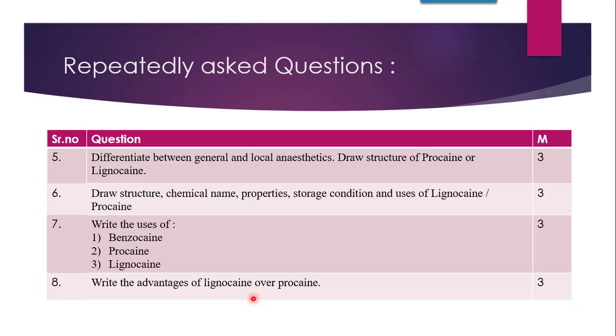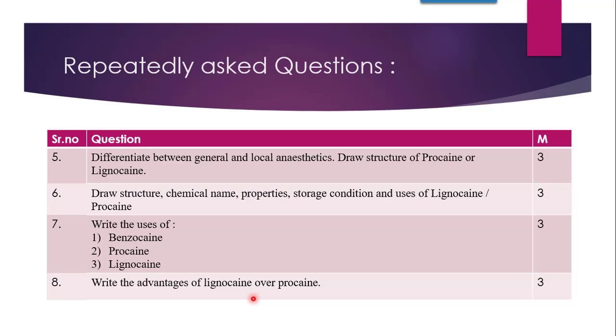Now this give reason also, in brief, we have discussed in the video on local anesthetics. This difference will carry 3 marks, like why lignocaine is superior to procaine. The question comes for 3 marks and many times it is asked in the exam. So with this we finish the repeatedly asked questions of local anesthetics.